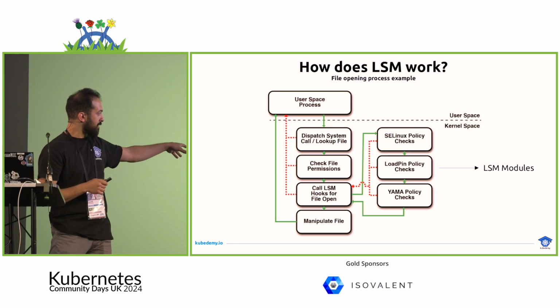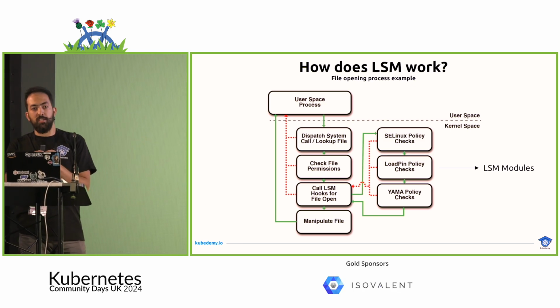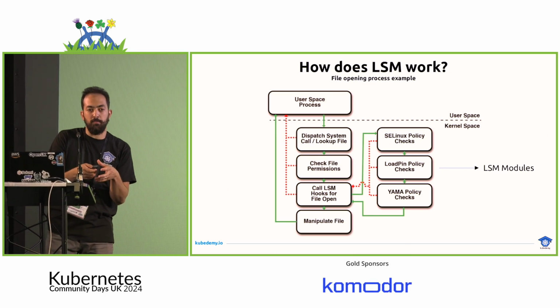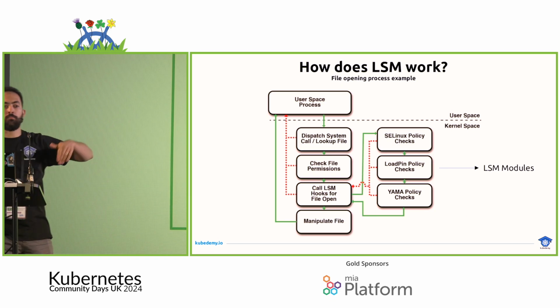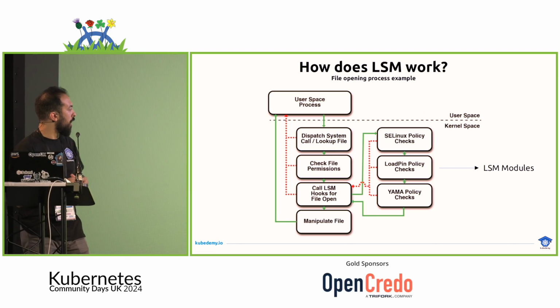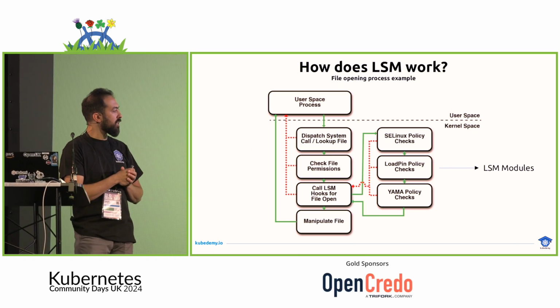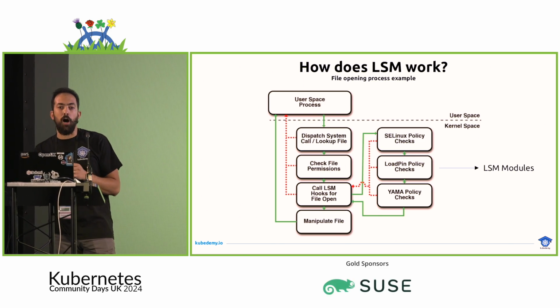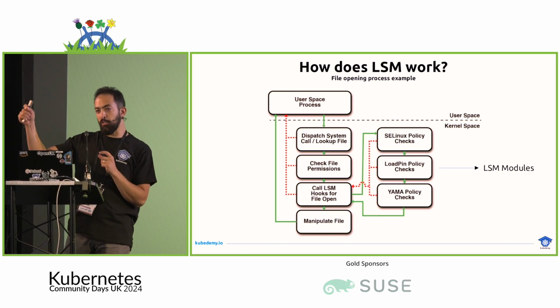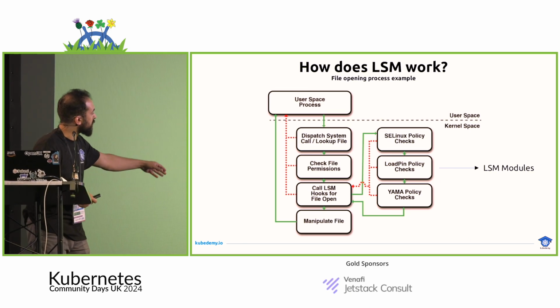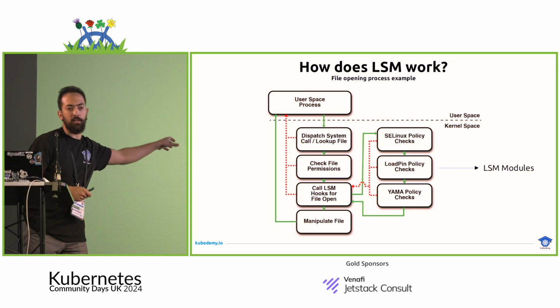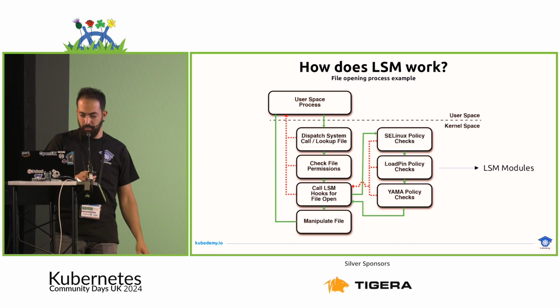Using the LSM hooks, the enabled LSMs, such as SELinux policies, LoadPin, Yama, AppArmor, and any other LSM modules, can check and verify if the process can access the resource. If it's allowed, then it can, for example, manipulate the file. If it's not, it gets terminated.